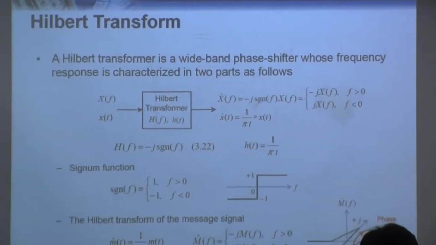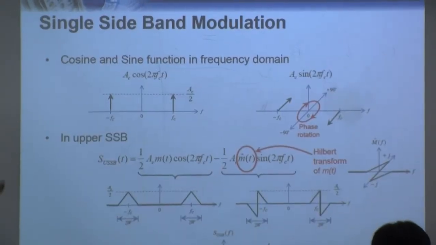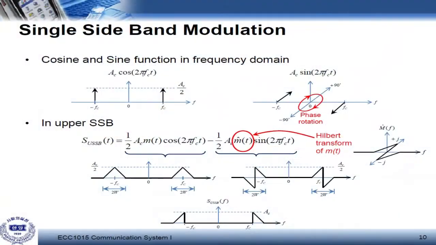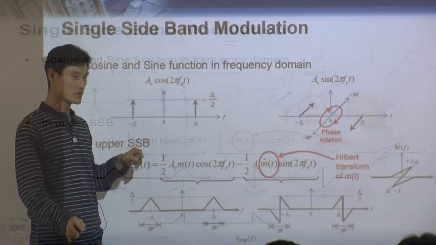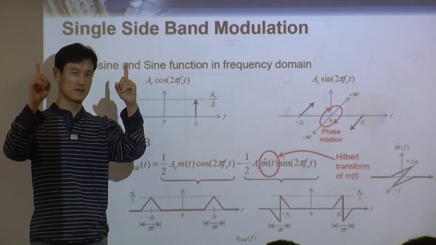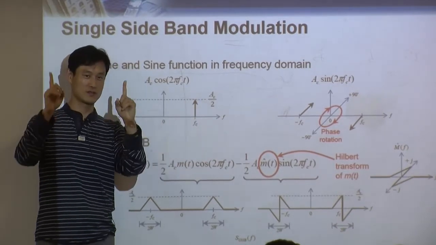As an example, let's think about this one. You know what a cosine looks like in the frequency domain, right? This is a cosine in the frequency domain. We have a cosine, and this is the cosine frequency, Fc and minus Fc. So when you put the cosine, it becomes like this, right? Positive, negative frequency.